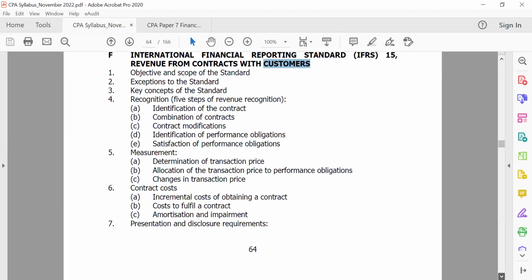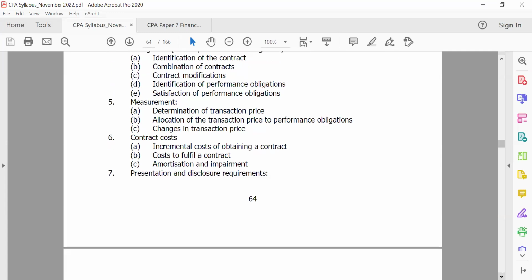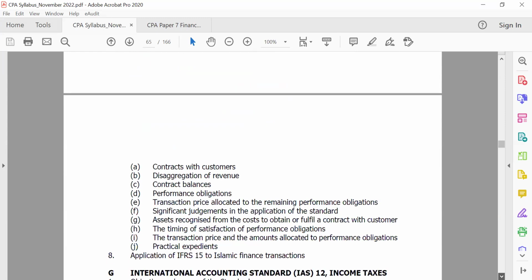How do we determine the transaction price, the aspect of contractual costs, and how do we present and provide disclosure requirements as well. So this is quite detailed, and all these areas will be covered under IFRS 15.